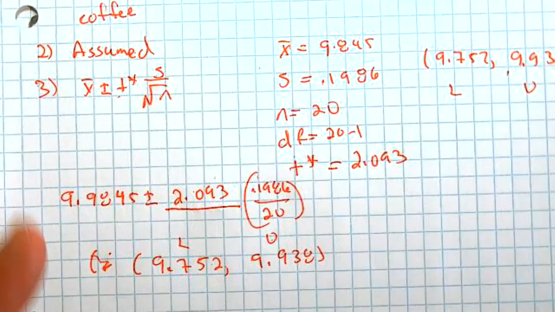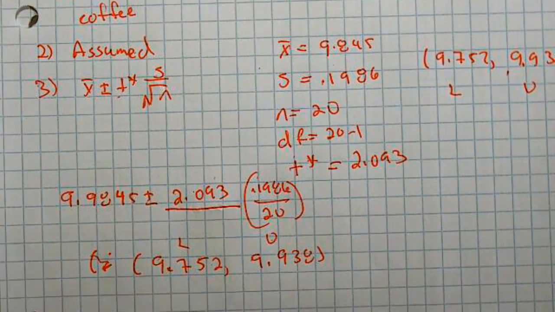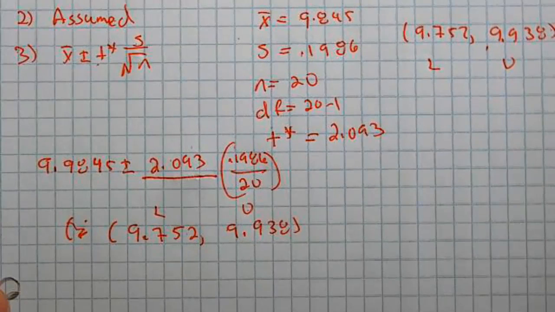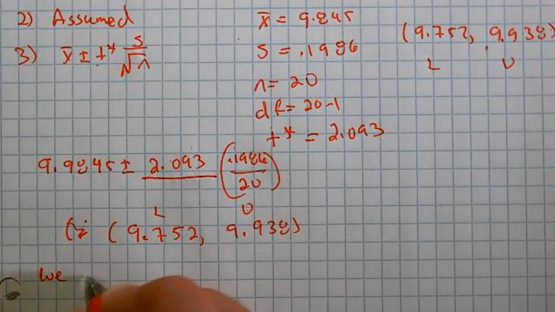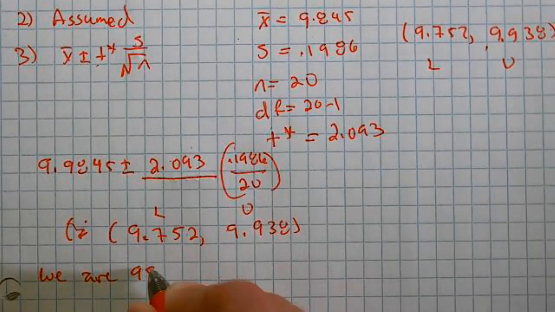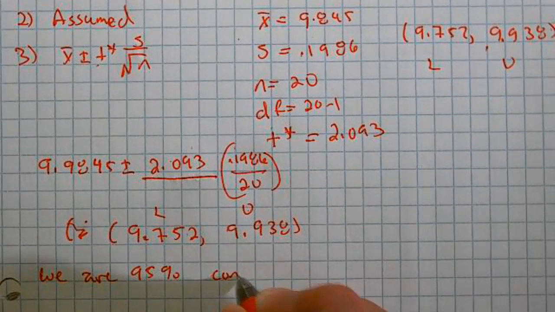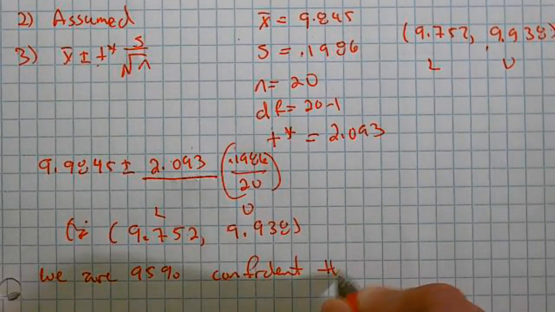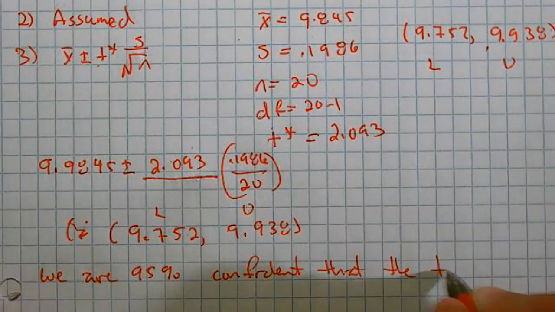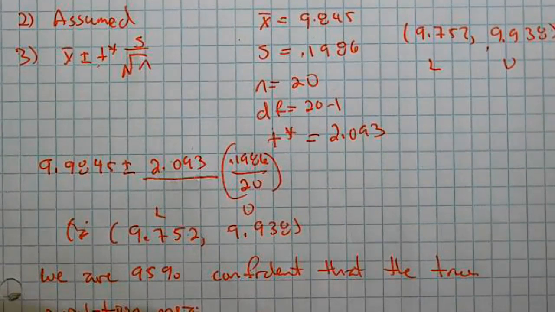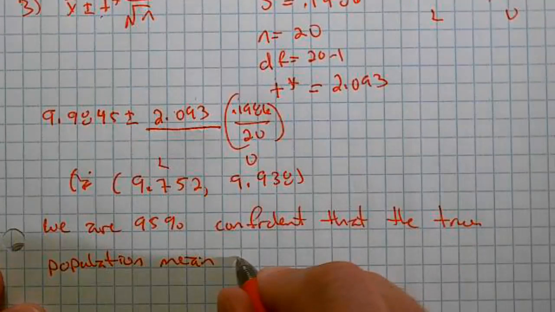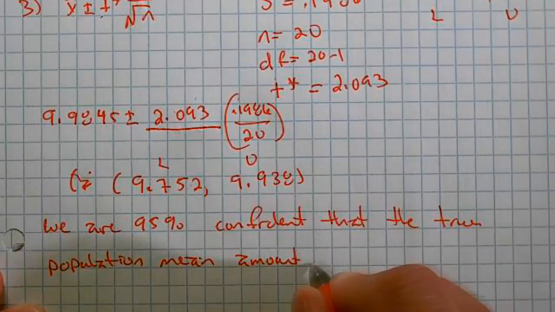Well, anytime we calculate a confidence interval, every time we do a confidence interval, we have to write the conclusion. So our conclusion is that we are 95% confident that the true population mean amount of coffee.